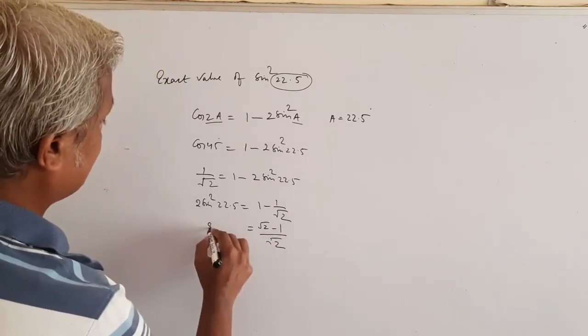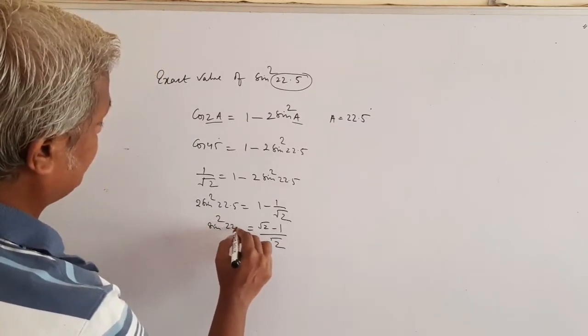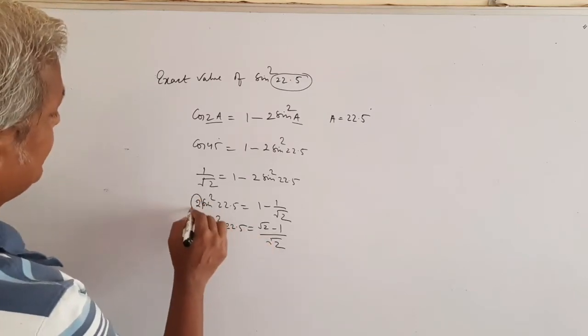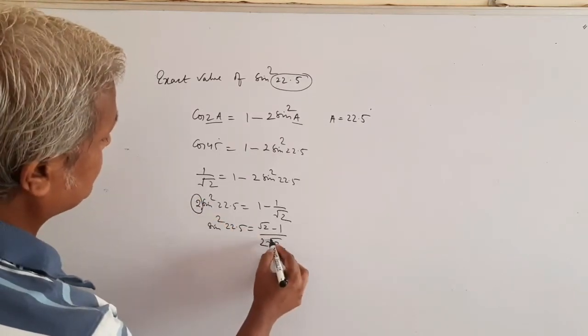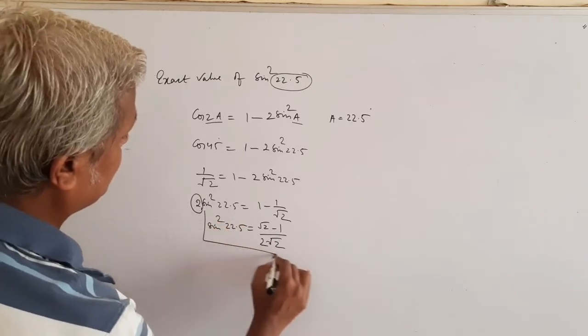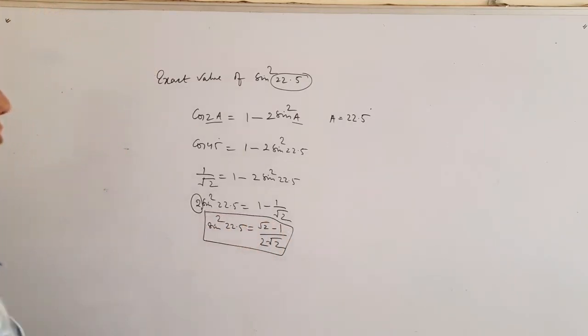Now you have to put this 2 down, so this is 2 root 2. So the value of sine square 22.5 degrees is root 2 minus 1 over 2 root 2.